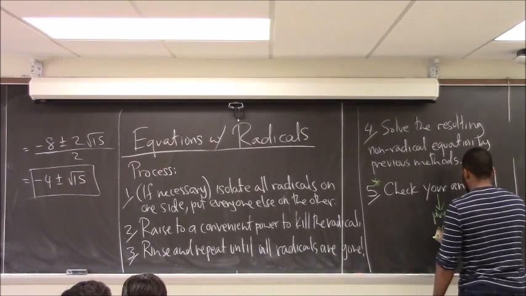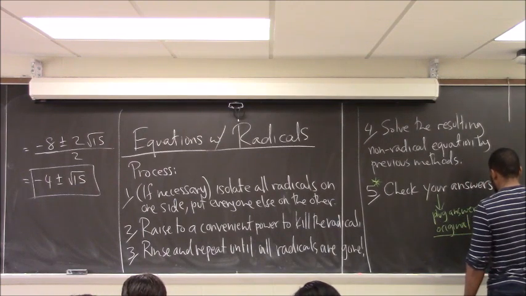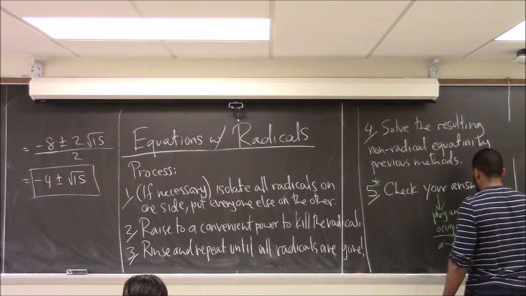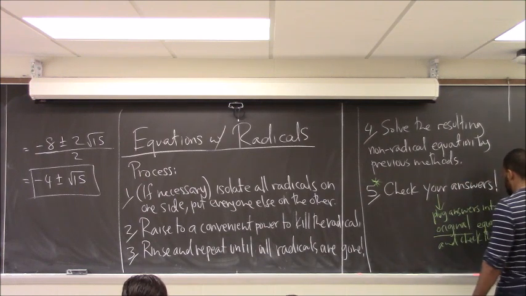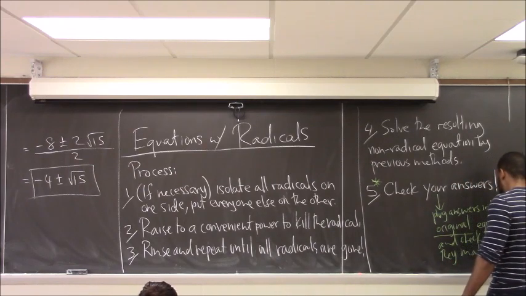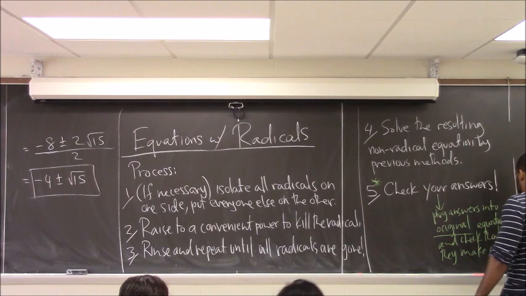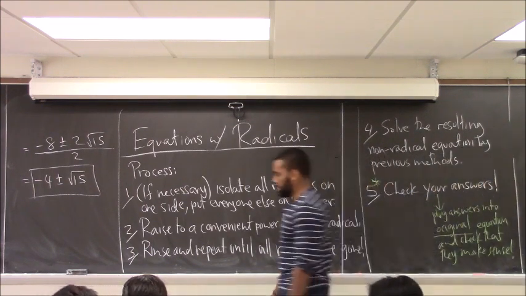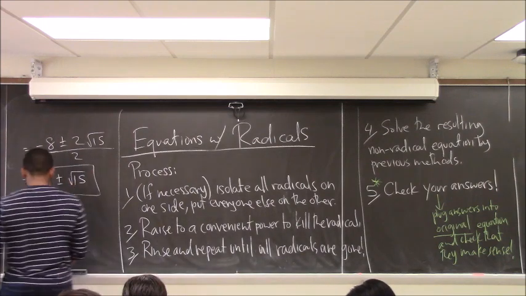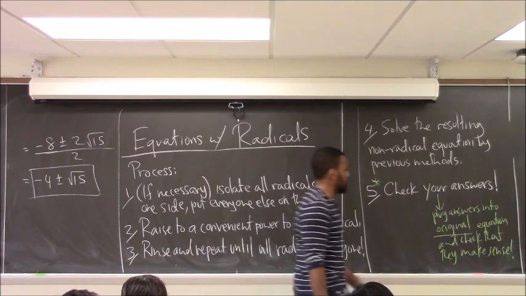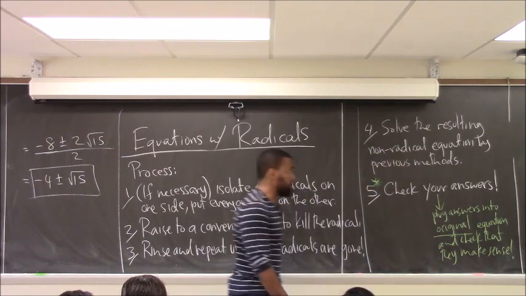Before you start doing anything, and check that they make sense. Once you start raising both sides of powers, you potentially introduce extraneous solutions in certain situations, especially when you're raising to an even power.